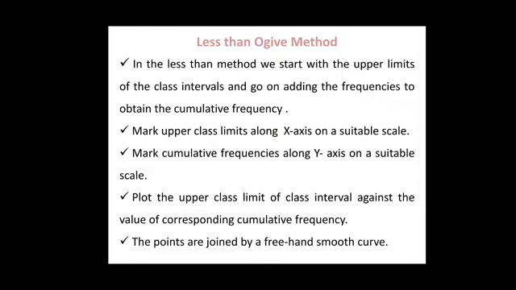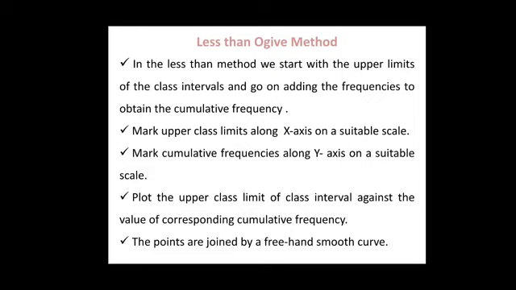In the less than method, we start with the upper limits of the class intervals and go on adding the frequencies to obtain the cumulative frequency. That is, to obtain the cumulative frequency, we add the frequency of the first class to the second class frequency and then to the third class frequency and so on. Or we can say that the frequencies are cumulated from above.